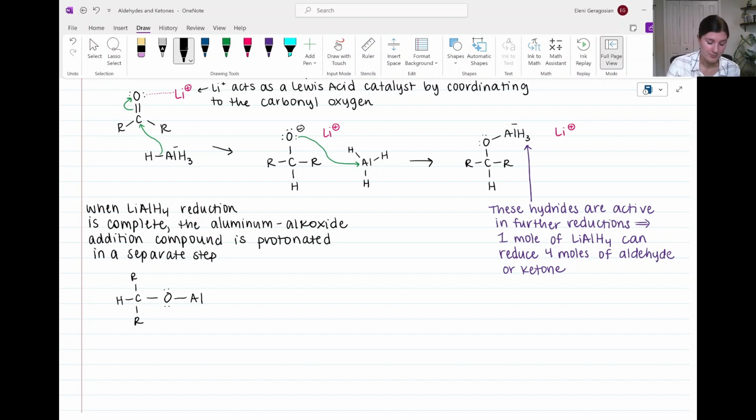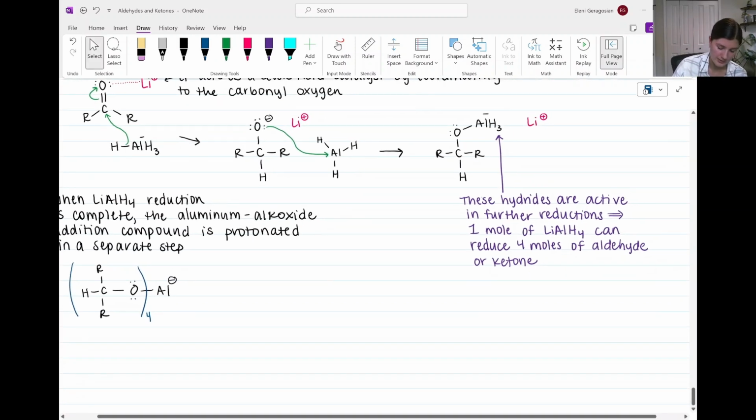The aluminum is bonded to 4 of these. Just like the aluminum can be bonded to 4 hydrogens, instead of being bonded to 4 hydrogens, it's bonded to 4 alkoxide groups. Now the oxygen needs to be protonated by some acid present in solution.